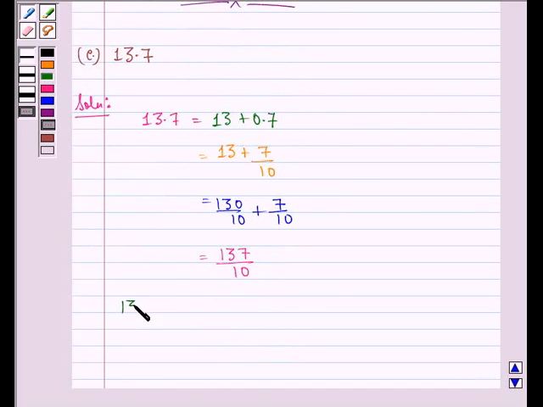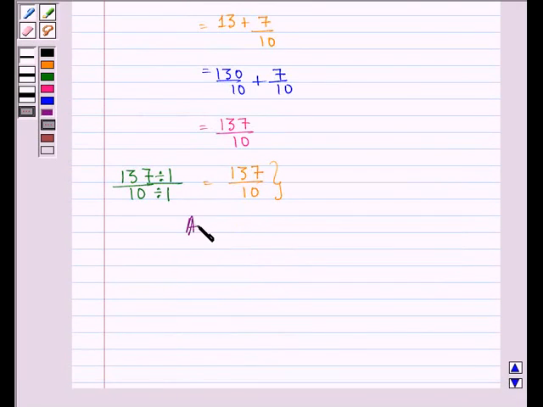Now if we divide the numerator and denominator of 137 by 10 by 1, we get 137 by 10. So we see that the reduced form of 137 by 10 is 137 by 10. It cannot be reduced further. So our answer to this question is that 13.7 in the fractional form is 137 by 10 and the reduced form is also 137 by 10.